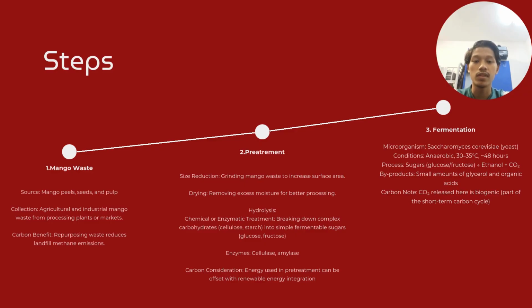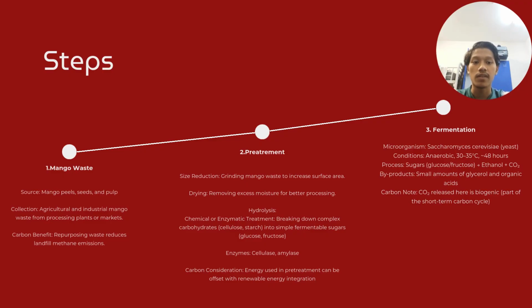The mango waste will then go through hydrolysis using enzymatic treatment to break down complex carbohydrates such as glucose and starch into simple fermentable sugars, which are glucose and fructose. The enzymes that will be used are glucose and amylase. The energy used in this pre-treatment can be offset with renewable energy integration.